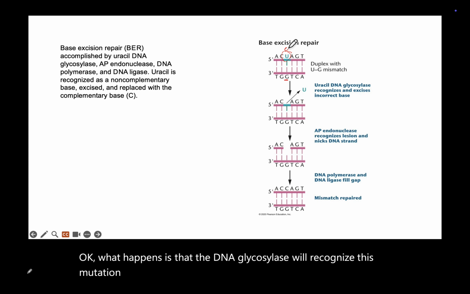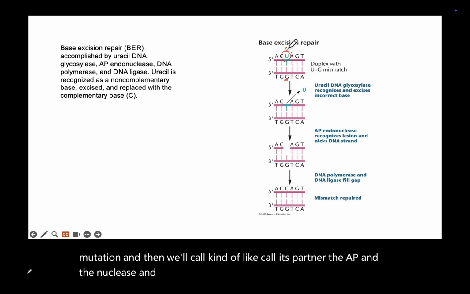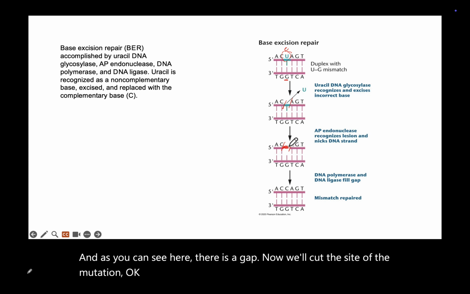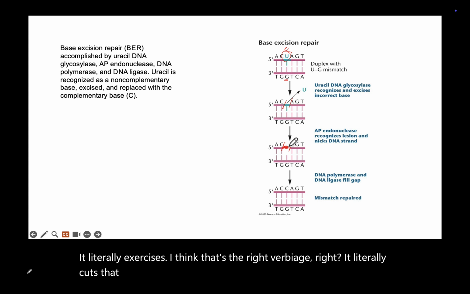And then it will call its partner, the AP endonuclease, and the AP endonuclease will cut. And as you can see here, there is a gap now. It will cut the site of the mutation, okay? Removing, it literally excises. It literally cuts that nucleotide from that position.